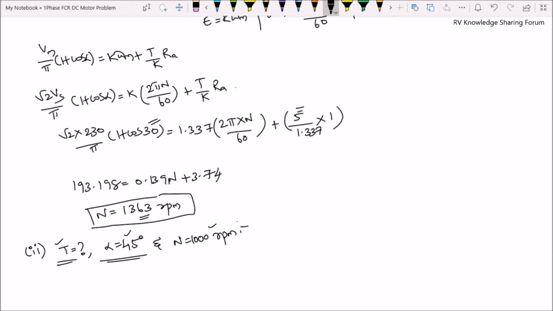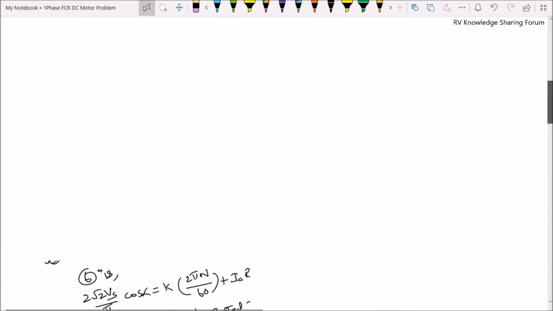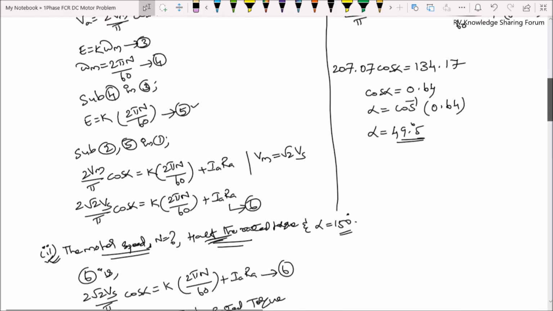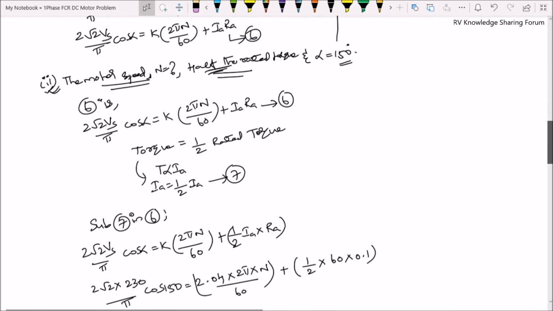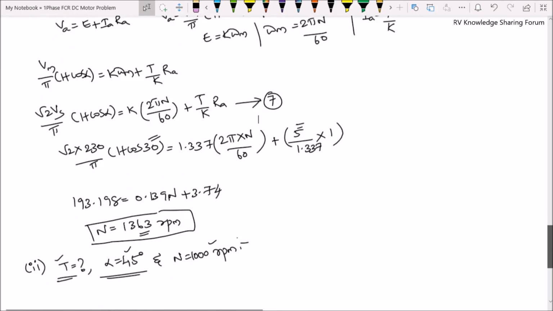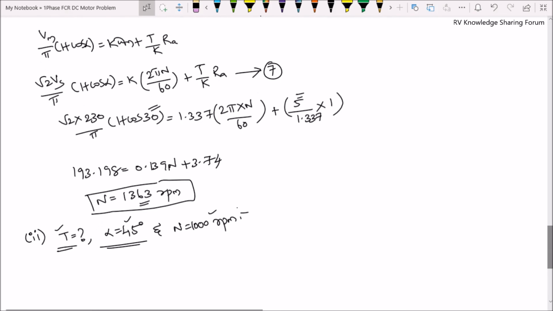Now let us take this equation as equation 8, because in our previous problem we had up to equation 7.